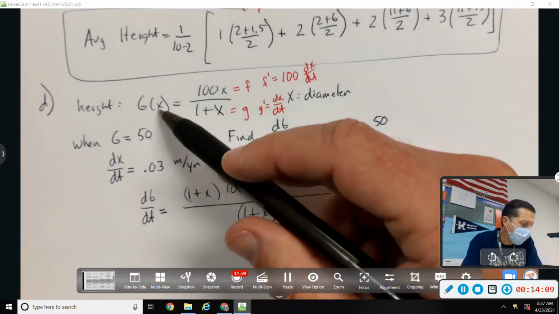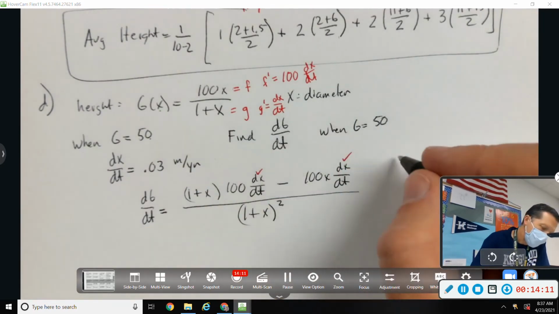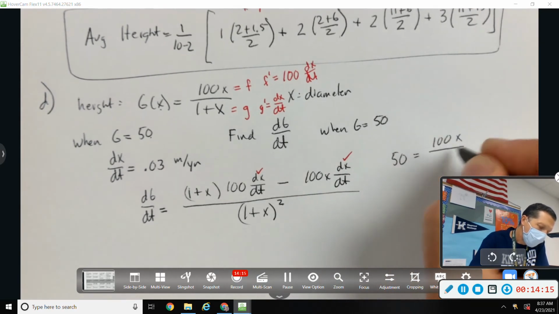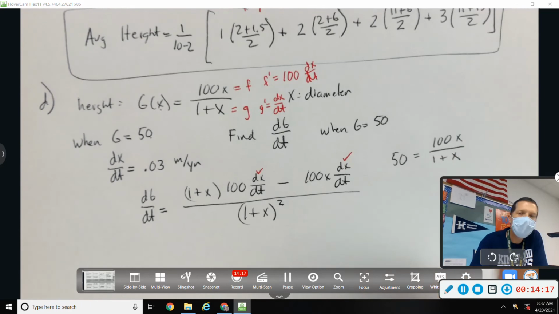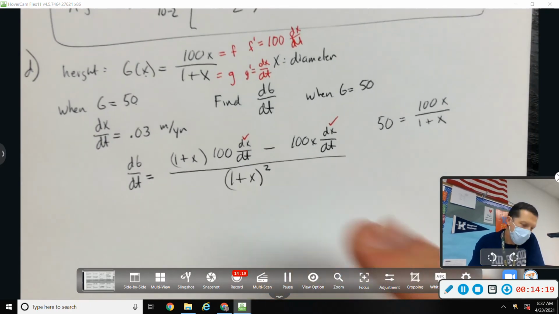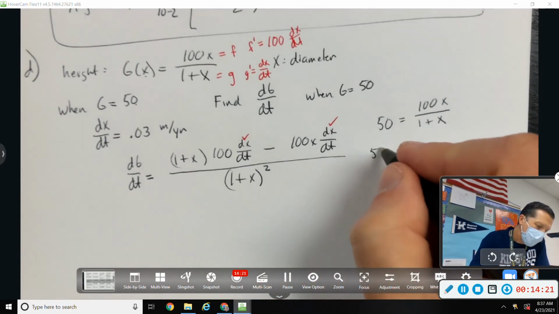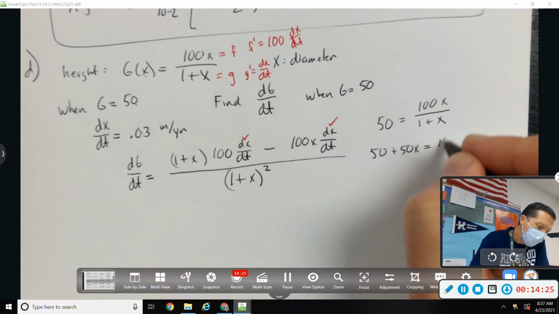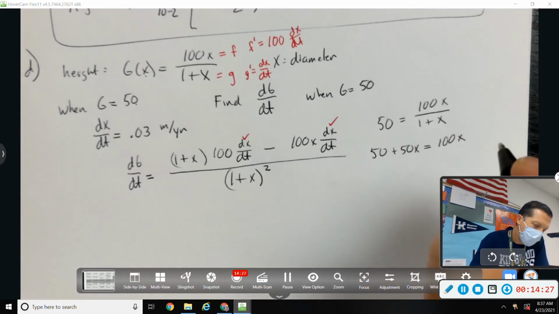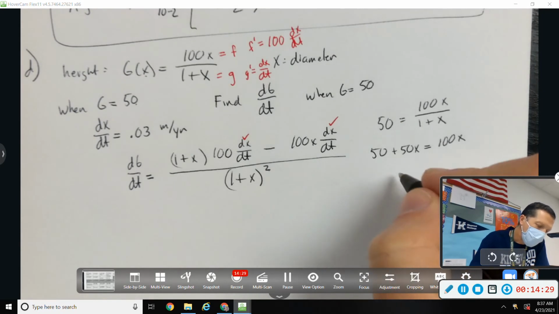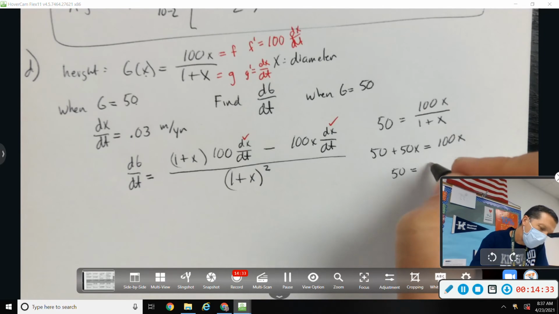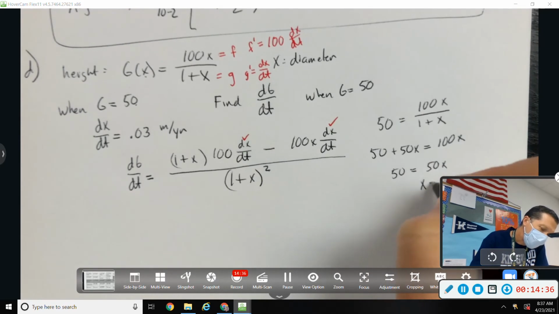Yeah, 50 can go in for g. So 50 plus 50x equals 100x. Oh, they did us a favor here, didn't they? 50 equals 50x. x equals 1.